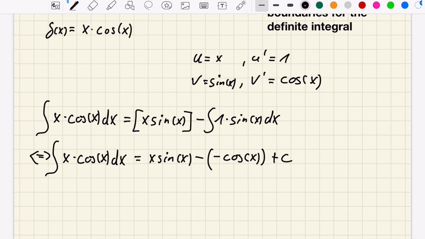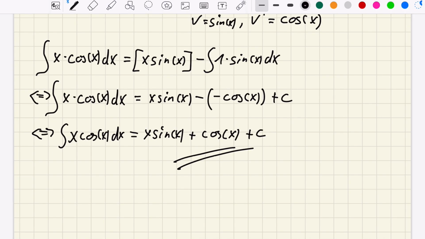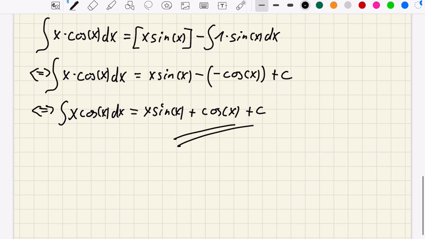Now you just simplify. The integral of x cosine x dx is x sine x plus cosine x plus c. This is your result.